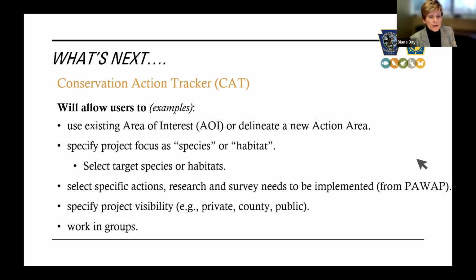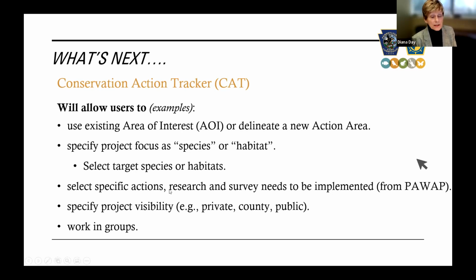And then there'll be a series of questions or forms to fill out that will allow the user to specify if the project focus is for a species or a habitat, and you can select the target species or habitat depending upon which group category you selected.